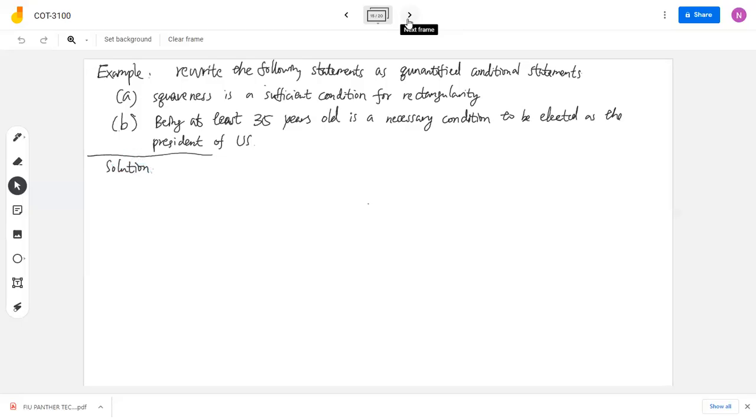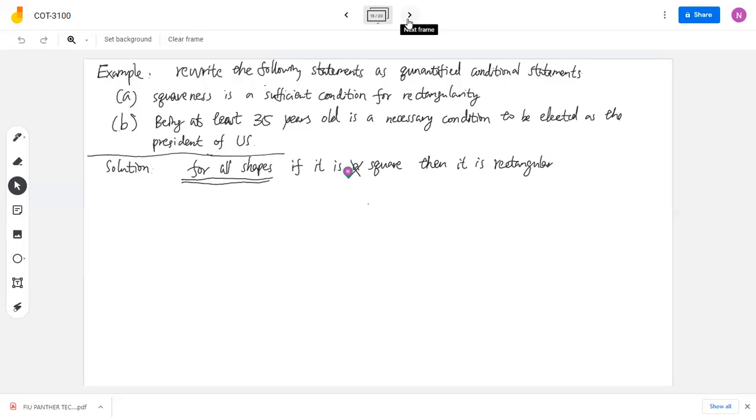Okay, so what's our solution? We want to write these as quantified statements. The first one is: for all shapes, if it is a square, then it is rectangular. This is a universally quantified conditional statement.